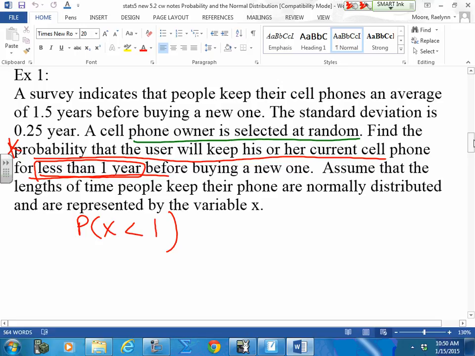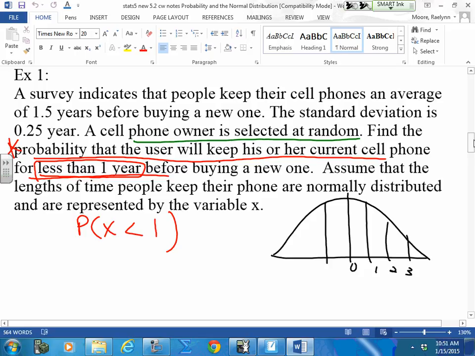Now, we're going to make a sketch, just like we did before. We're going to start like this. We're going to pull out your mean. Always pull out your mean and your standard deviation.